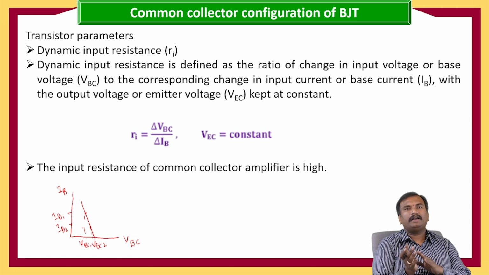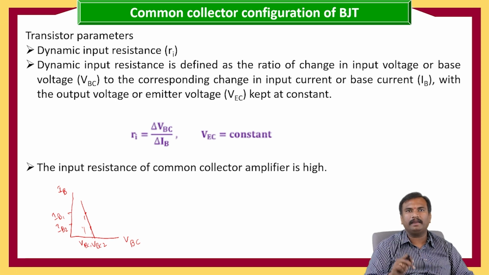So when we take these values, we get the dynamic resistance, because we are taking the voltage and current values with change in the parameters we are considering.